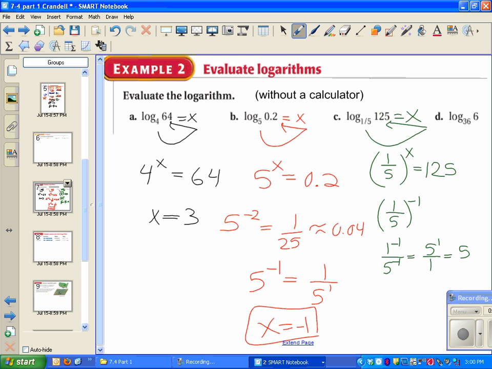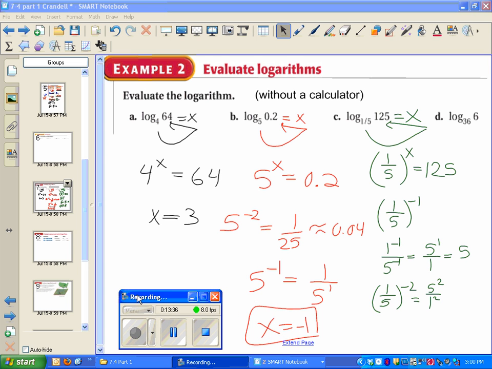So 5 and 125 are not the same thing, but let's try 1 over 5 to the second power. That would be 5 to the positive 2 over 1 to the positive 2, which is the same thing as 25.